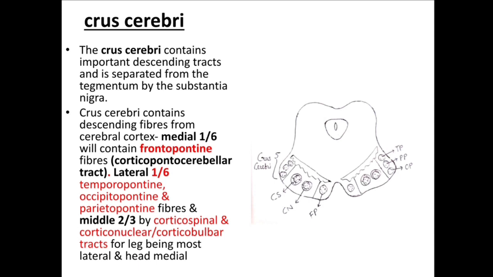Now, transverse section of the midbrain at the level of the inferior colliculi. First, we start with the crus cerebri. The crus cerebri contains important descending tracts and is separated from the tegmentum by the substantia nigra.